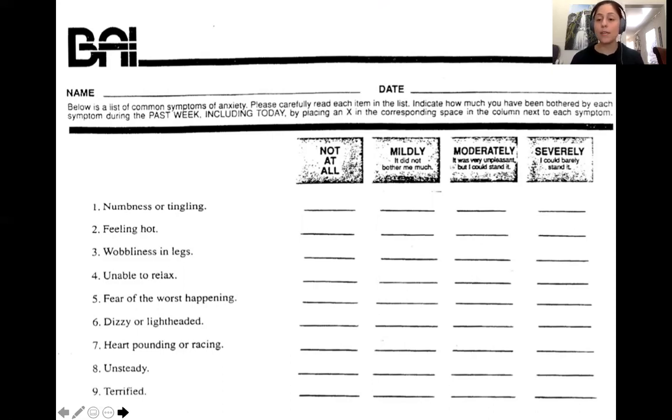They only give you the answer choices, not at all, mildly, moderately, severely. But each of these corresponds to a number that you would then use for scoring. So not at all is a 0, mildly is a 1, moderately is a 2, and severely is a 3. So for example, someone who selected mildly for numbness or tingling would be scored a 1.